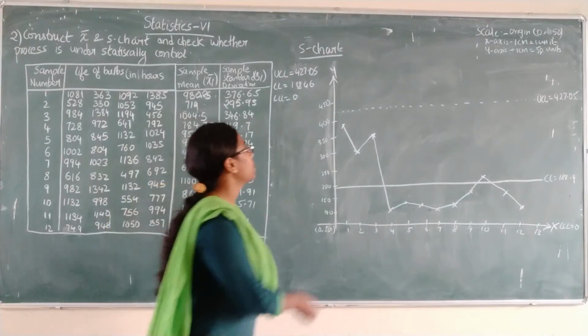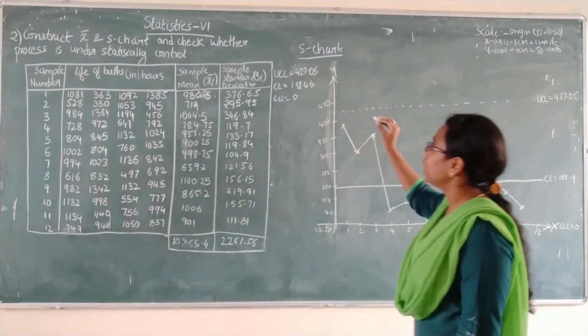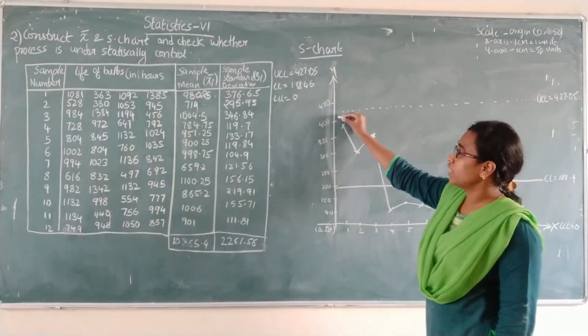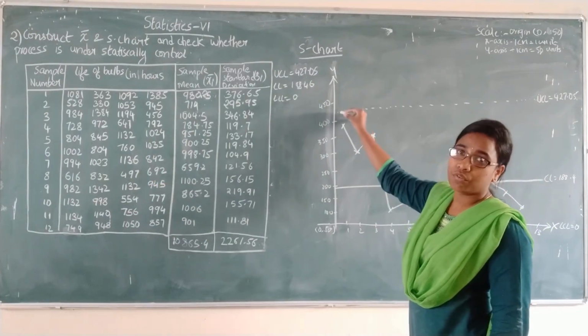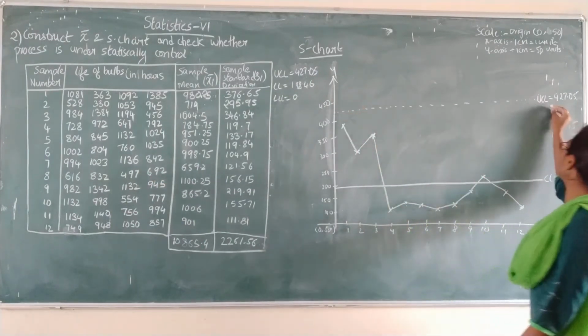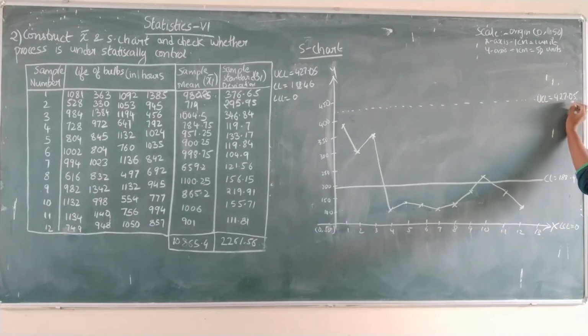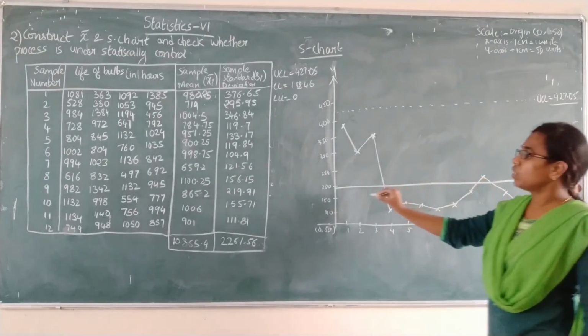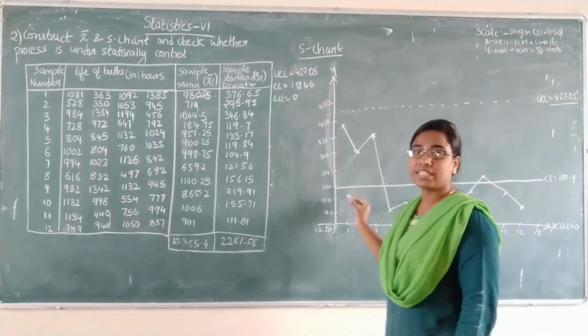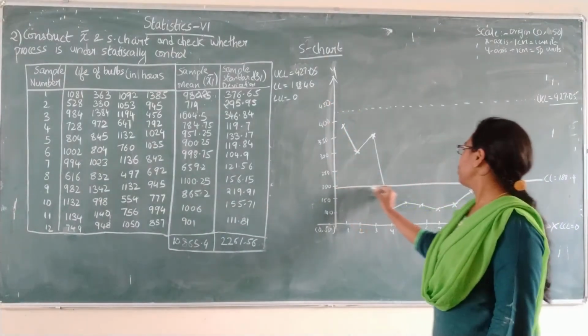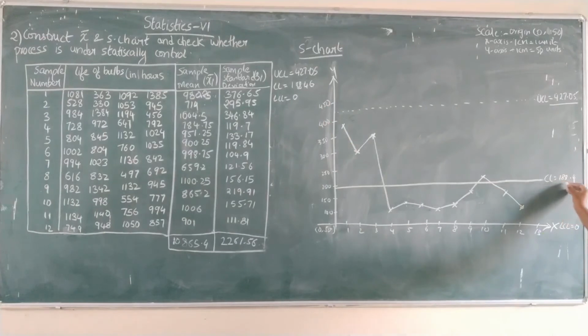Now plot the UCL value. First UCL value is 427, so it is in between 400 and 450. You have to write here UCL equals 427.05. Next coming to the CL, it is 188, near to 200. You will write here CL equals 188.46.